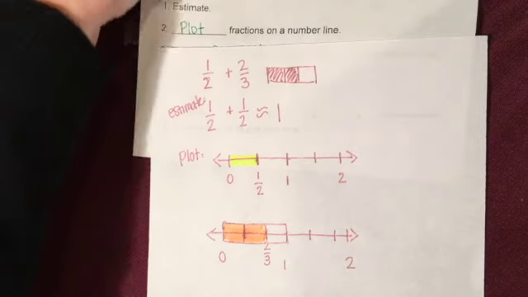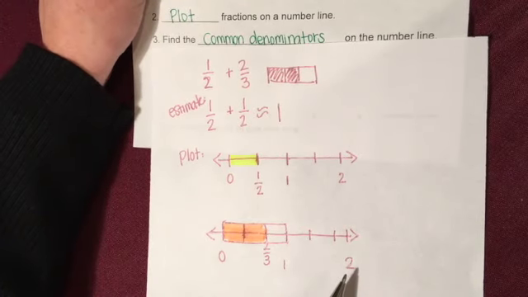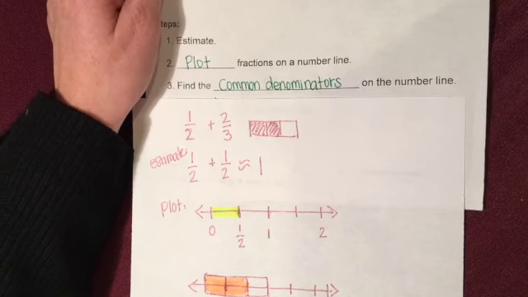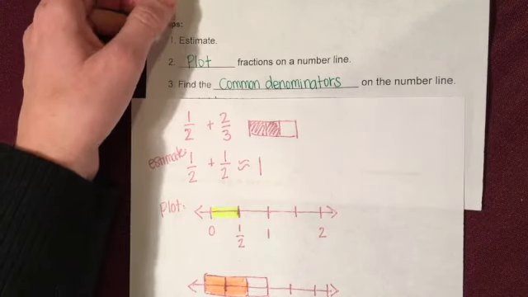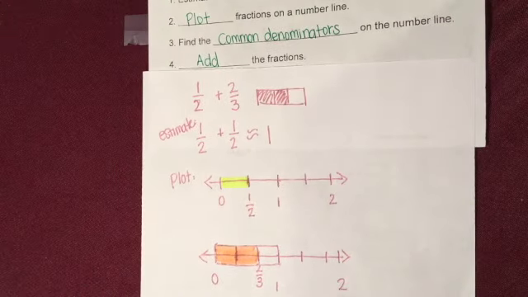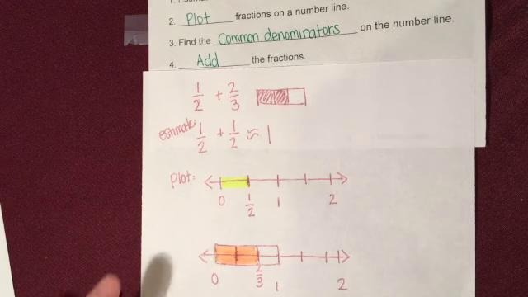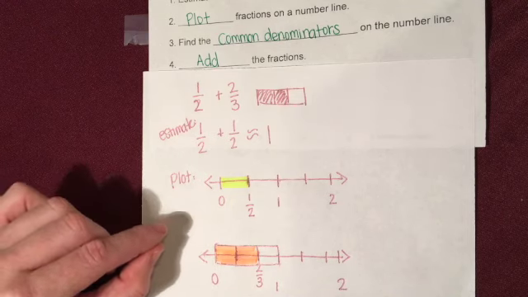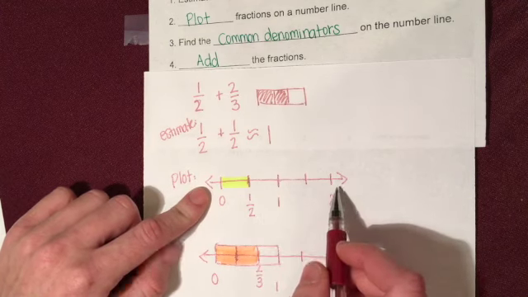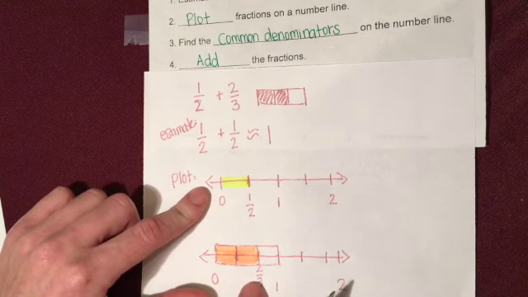So my second step said to plot fractions on a number line. My third step says find the common denominators of the number line. So now I need to divide each number line by the denominator of the other number line. If I look at my first number line, I have it in halves, and my second number line is in thirds.